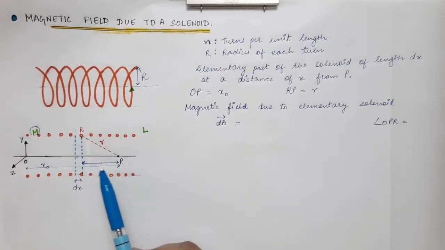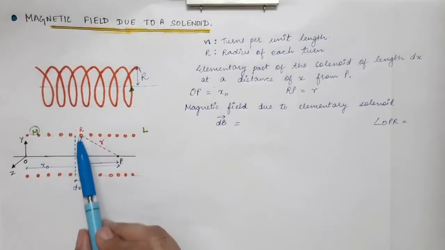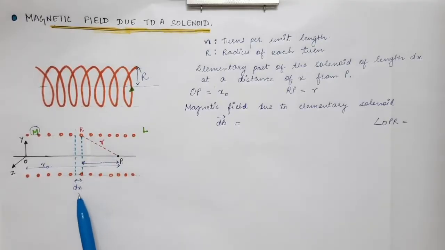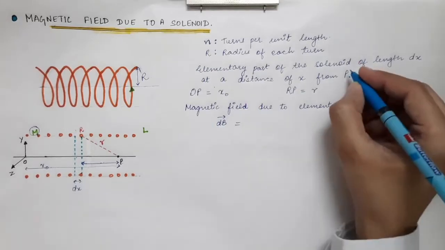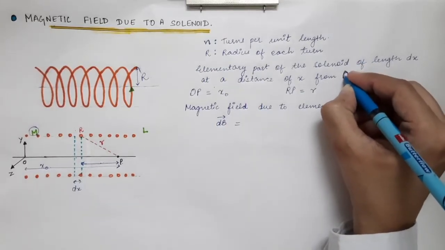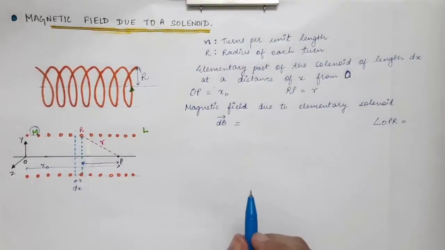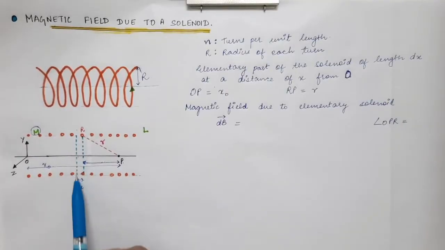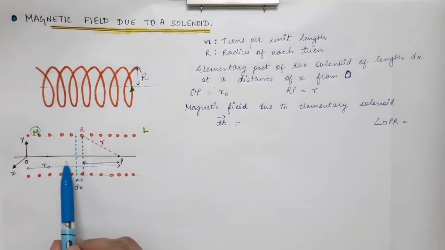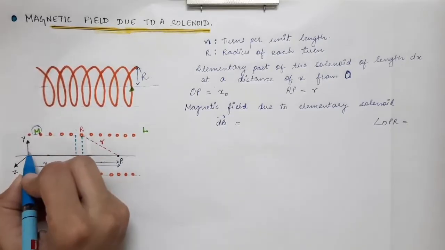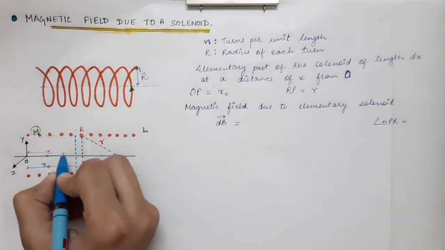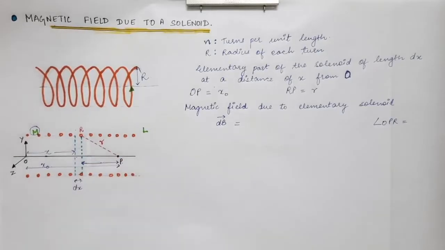So first of all, we will suppose an elementary part of the solenoid of length equal to dx, and this elementary part is at a distance of x from the origin of the coordinate system. So this distance is equal to x.